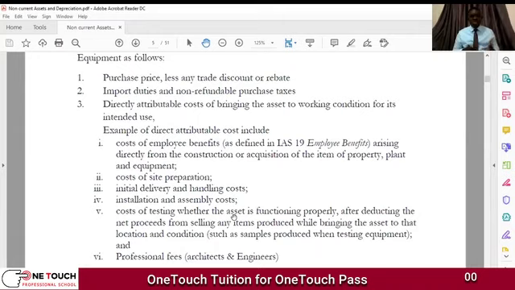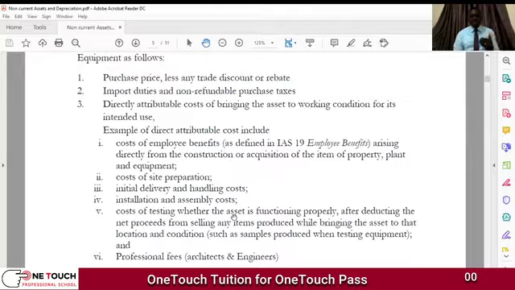Cost of testing whether the asset is functioning properly, after deducting the net proceeds from selling any items produced while bringing the asset to the location and condition, such as samples produced when testing equipment.